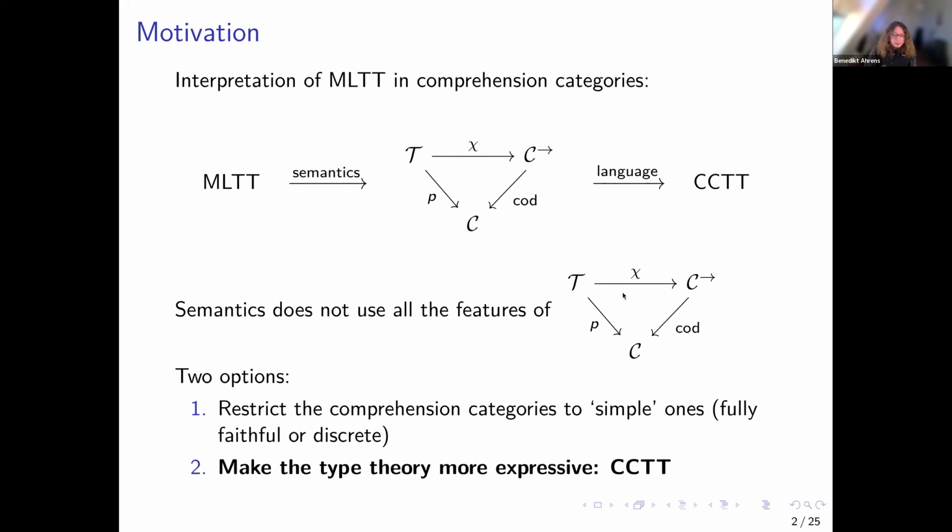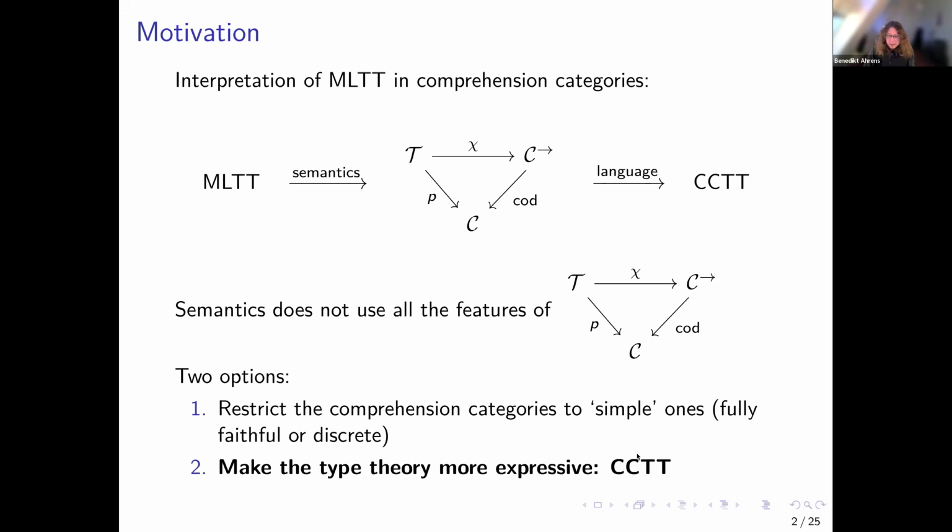Or what we are interested in this work is we can actually change the type theory. We can go away from Martin-Löf type theory and develop a new type theory that is more expressive, that does allow us to talk about all the features of a comprehension category. And that's what we are doing.